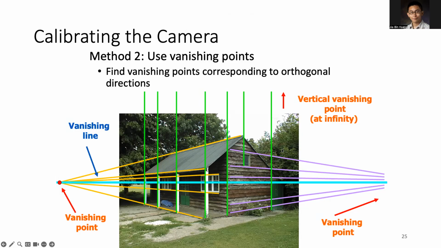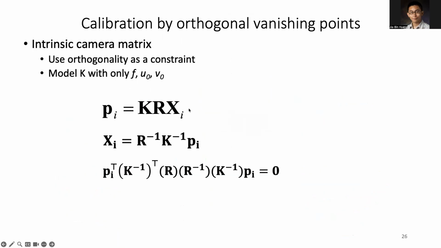Okay, so here's what you can do, right? What we know is that these vanishing points are xi, but because these are the points that are at infinity, the last item in xyz1, the last item is 0.